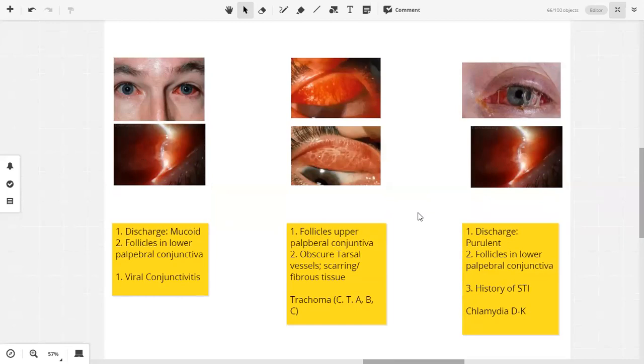And the second thing, which is very, very important, is the location of the follicles. In our first case of viral conjunctivitis, what is the location of the follicles? It's the lower palpebral conjunctiva.